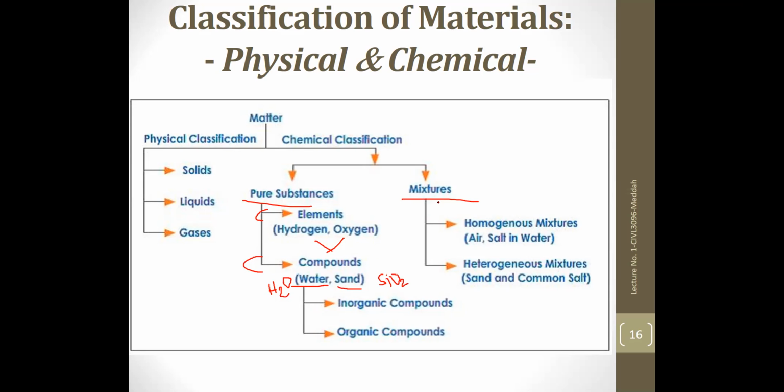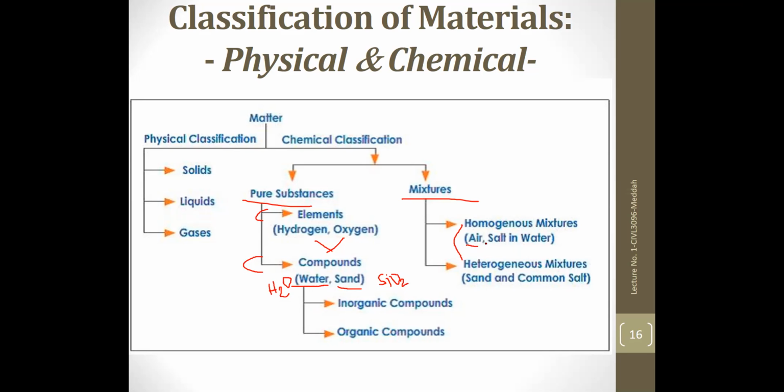So the second category is a mixture of compound. A mixture could be also in homogeneous or heterogeneous state. So homogeneous state, like air. When you look to the air, of course, you cannot distinguish between the different components.